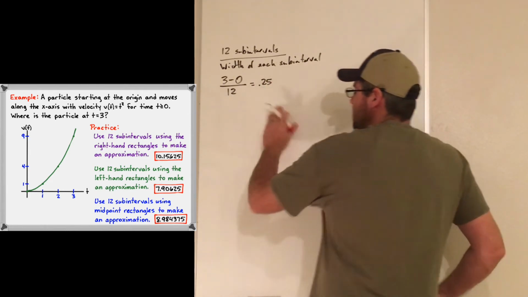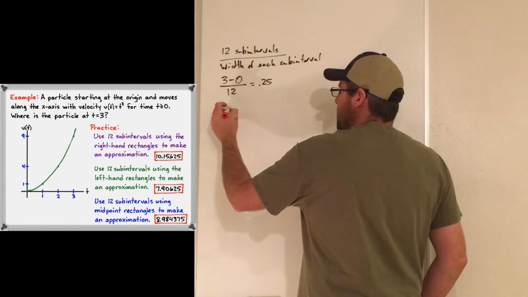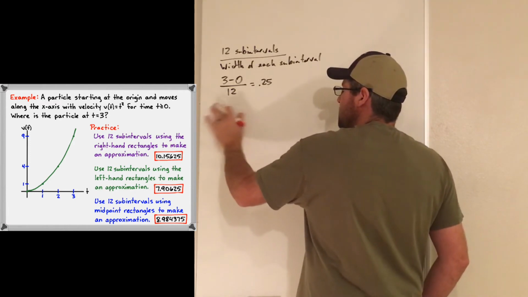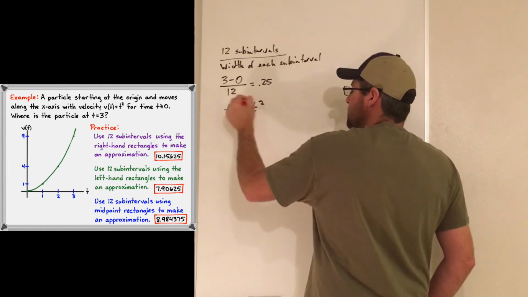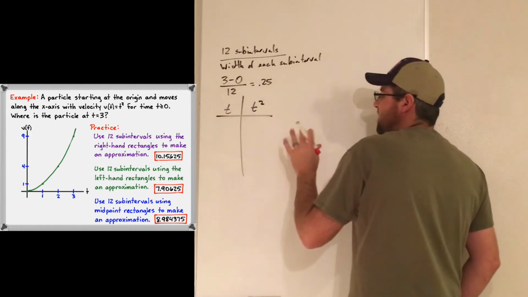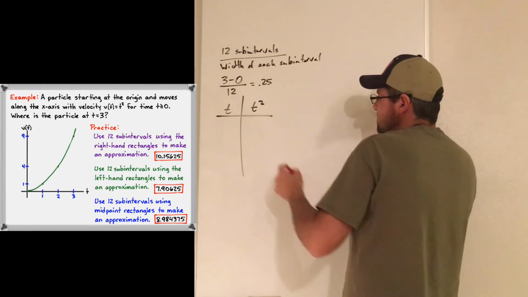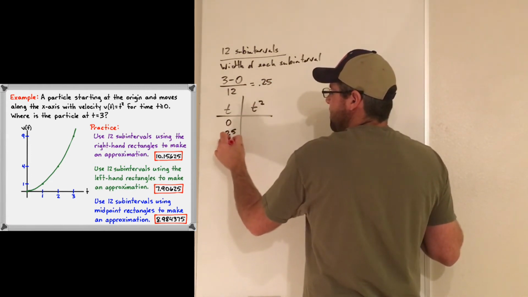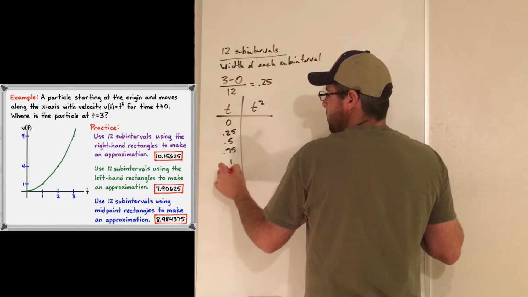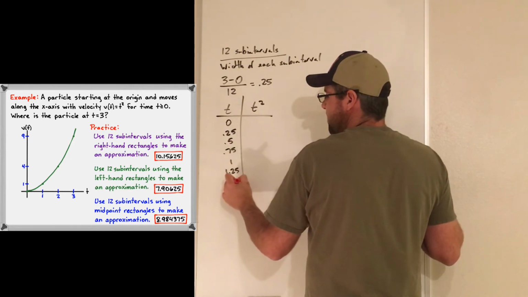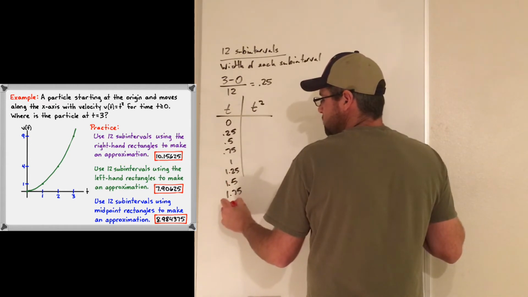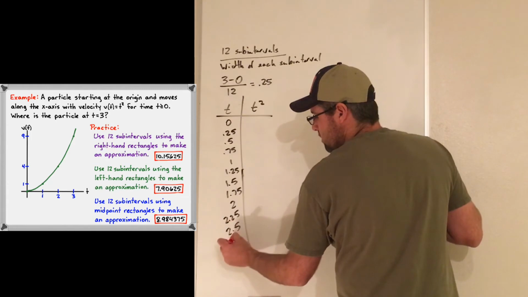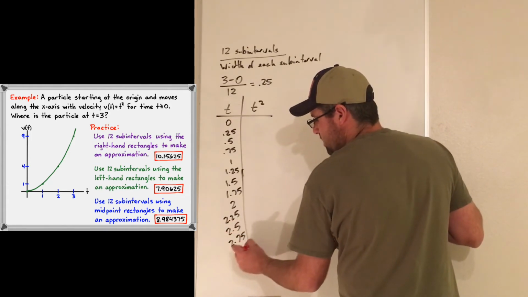And so I will set up my table using my calculator somehow. V of t was, oops, not x, t squared. So I'm finding my velocity values at these points. So we're going to start at 0 and move 0.25, then 0.5, 0.75, 1, 1.25, 1.5, 1.75, 2, 2.25, 2.5, 2.75, and 3.